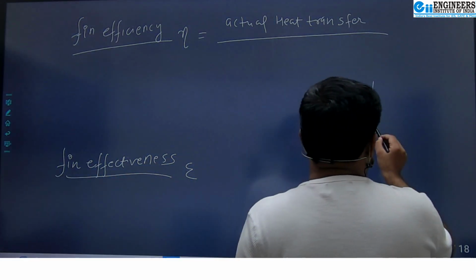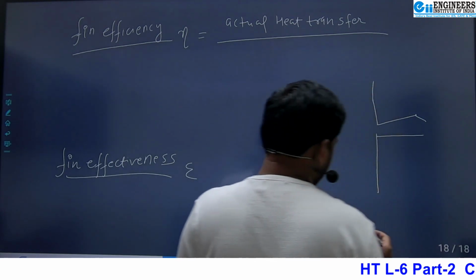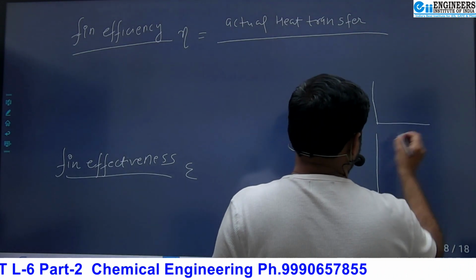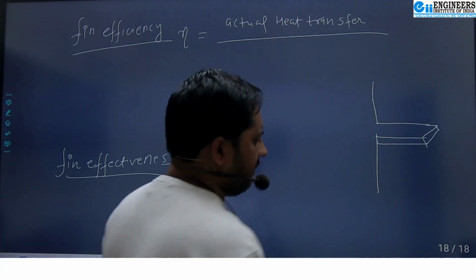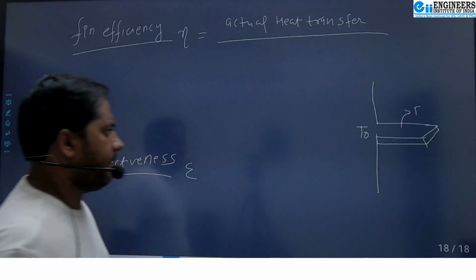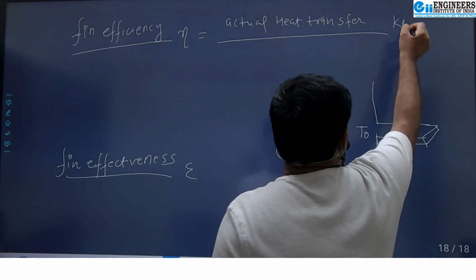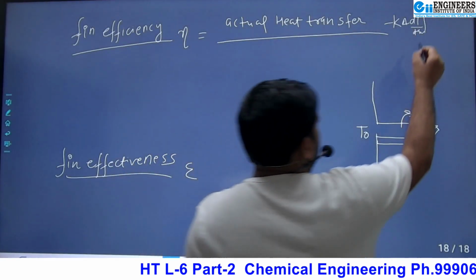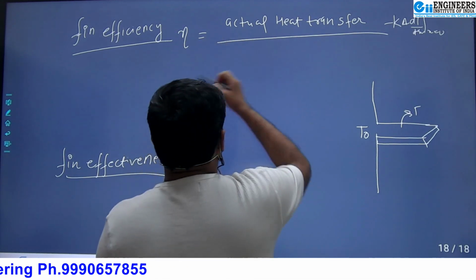Suppose this is our fin, and here the temperature is T naught and here the temperature is T. Then fin efficiency is actual heat transfer through the fin, which is nothing but K A d theta by dx at x equal to 0, the actual heat transfer, divided by the ideal condition.